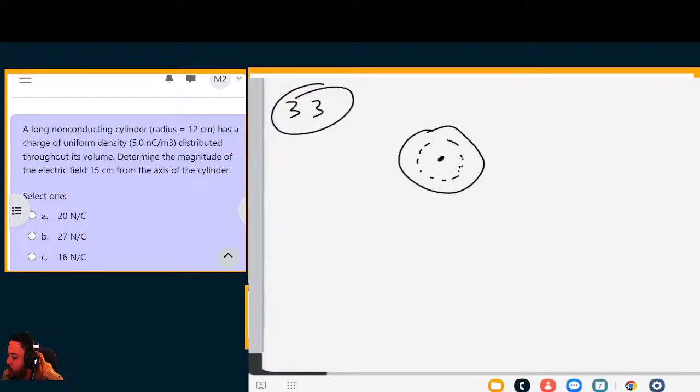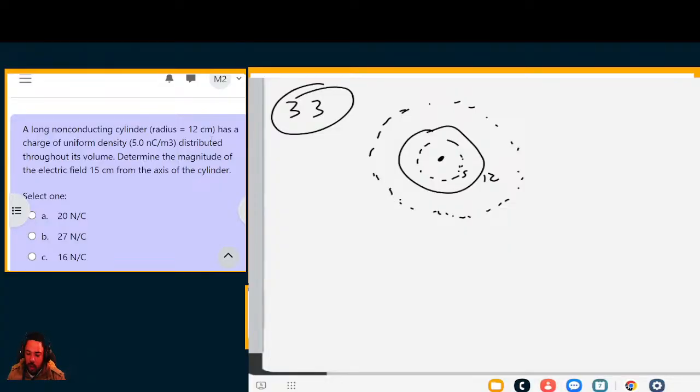We calculated the electric field at 5. The radius of it was 12. They now want to calculate the electric field a distance of 15 centimeters away. So R is not 5 anymore. It is now 15, it's 0.15.